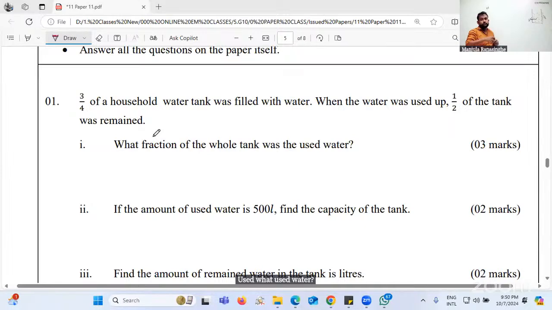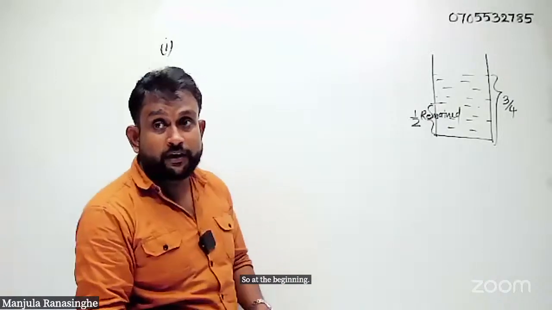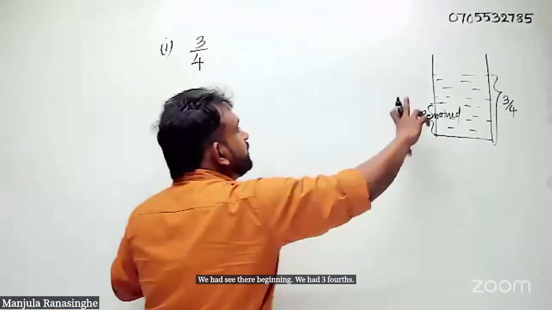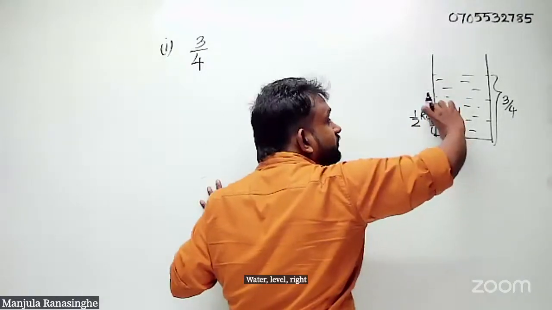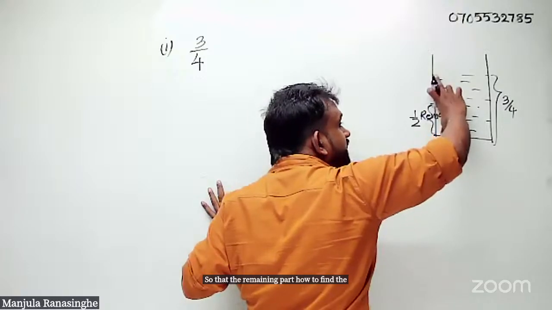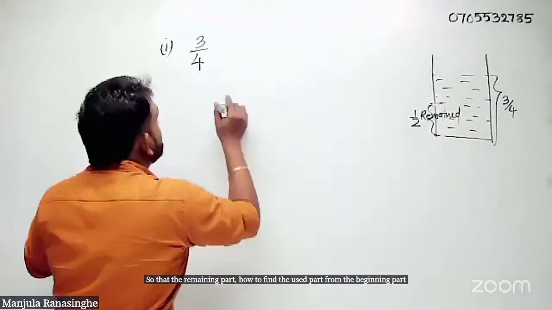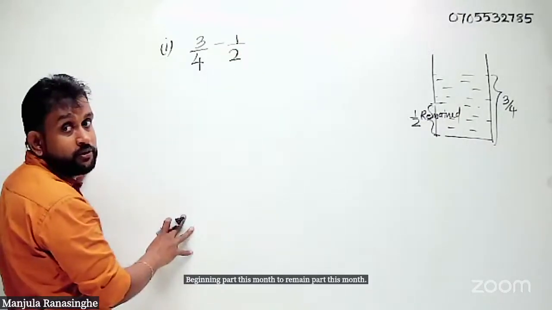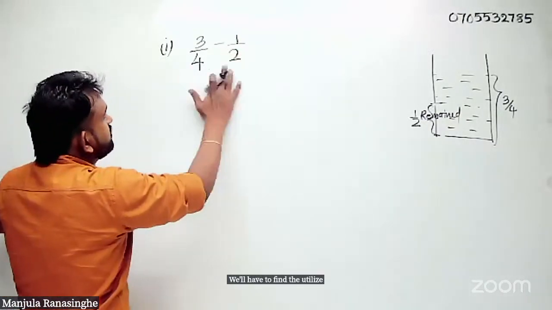So how do we find the used water? At the beginning we had a 3/4 water level. Now it is 1/2. To find the used part, from the beginning part subtract the remaining part. Subtract these two fractions.